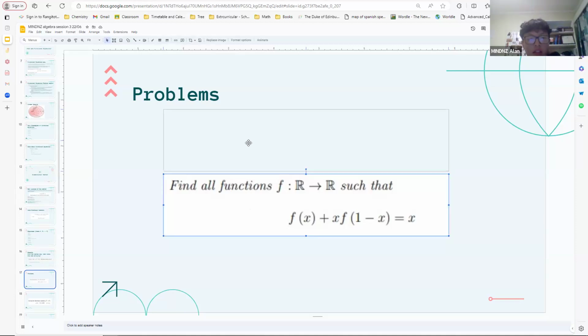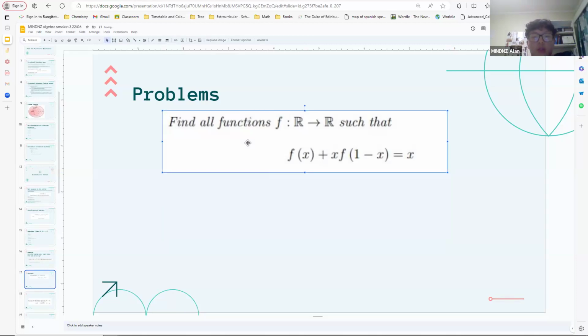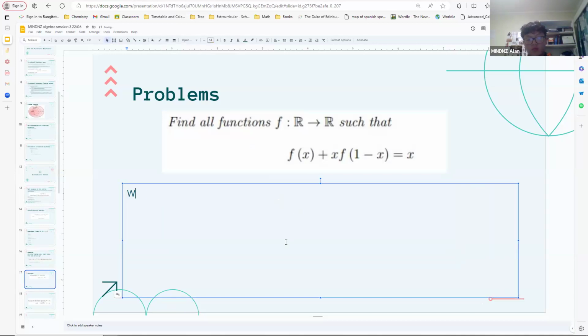So this problem has something to do with a substitution, right? So what should we substitute x for? Can anyone tell me what they think we should substitute x for?